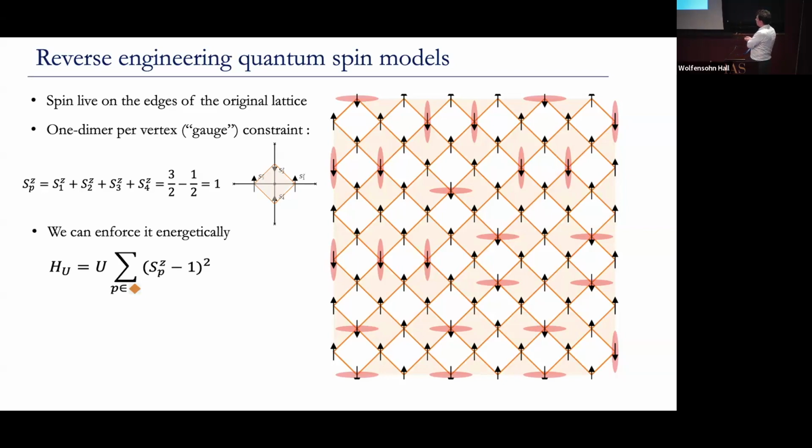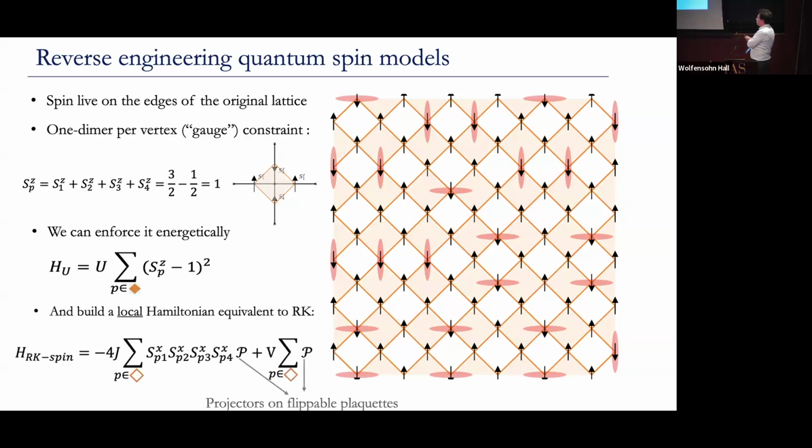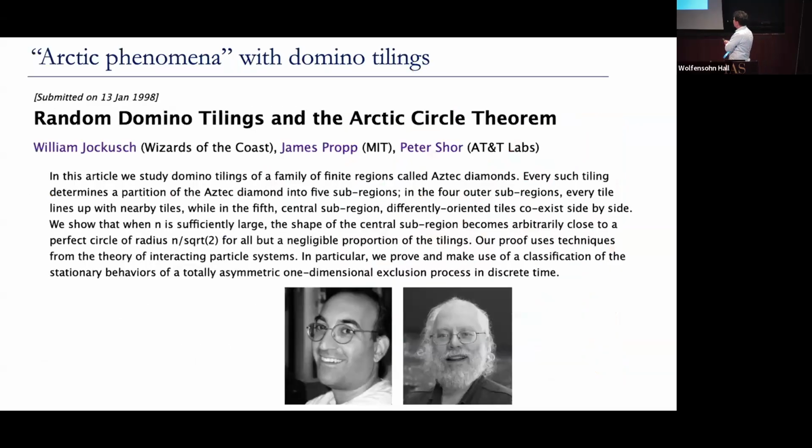That corresponds to having a dimer. But then we can also create all kinds of Hamiltonians, including the ones that will realize the ring exchange and the potential energy. So the bottom line here is that even though I was talking about the quantum dimer model, I can also talk about quantum spin models, realizing just about any dimer covering as its ground state.